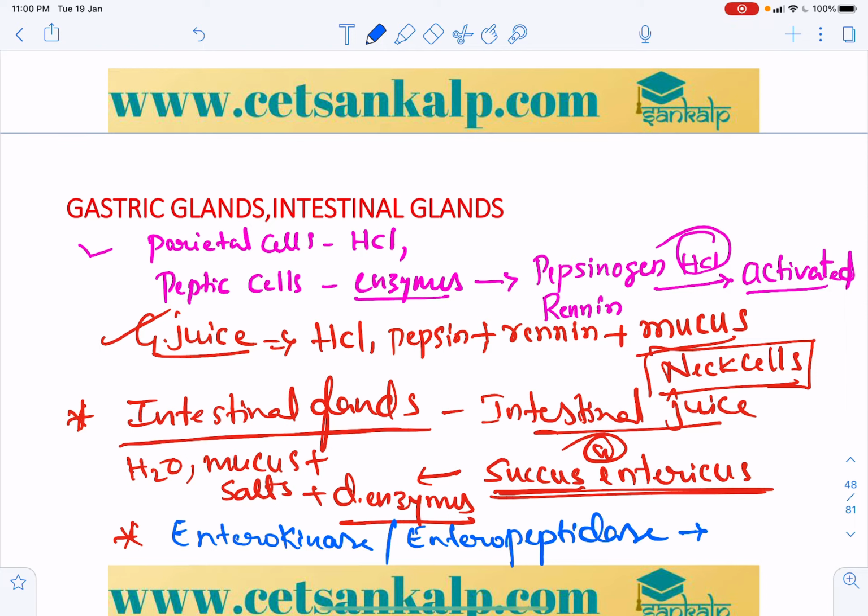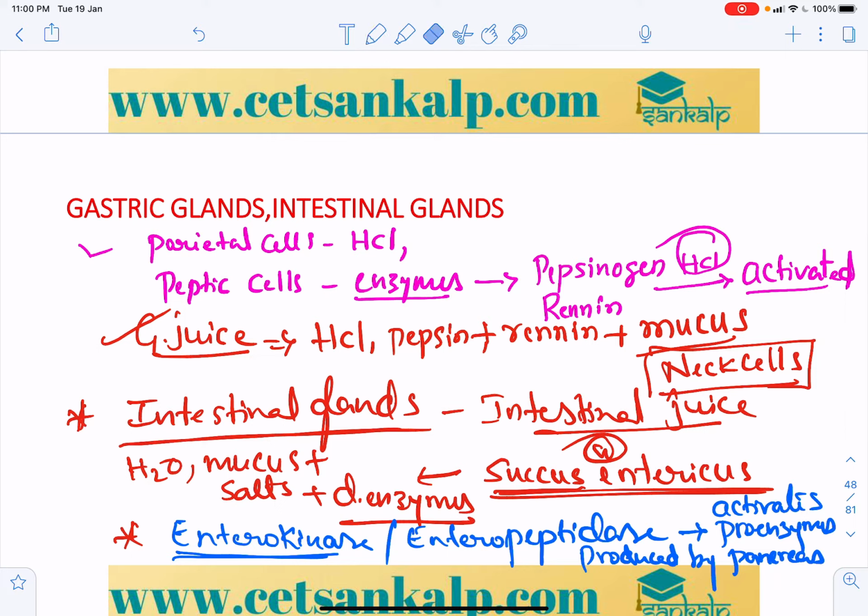Enteropeptidase activates all the proenzymes, that is inactive enzymes, produced by the pancreas. So what is the role of enterokinase? It is a non-digestive enzyme produced by intestinal glands, present in the succus entericus, which activates the proenzymes of the pancreas.